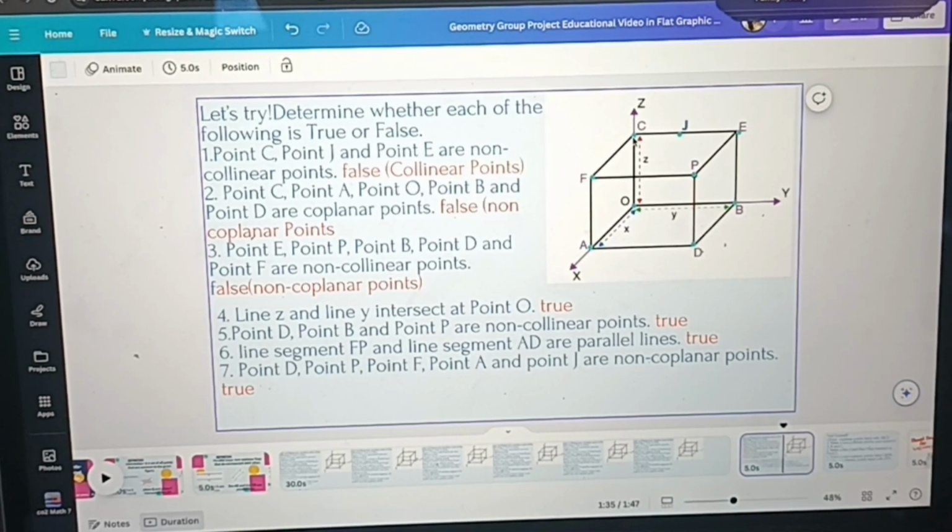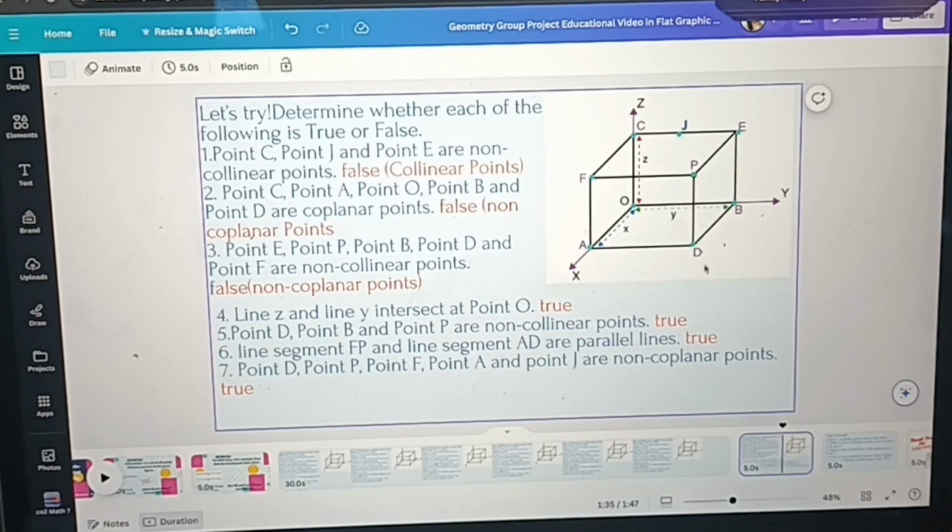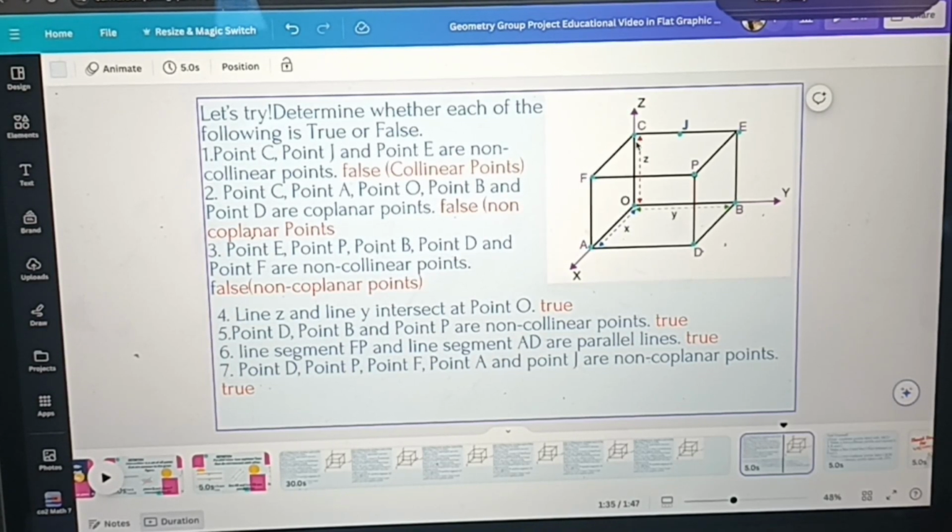Ibig sabihin, they are non-coplanar points, kasi yung apat na points are located in one plane together with one outside your plane. So they are non-coplanar, and the statement here says coplanar, therefore that is false.